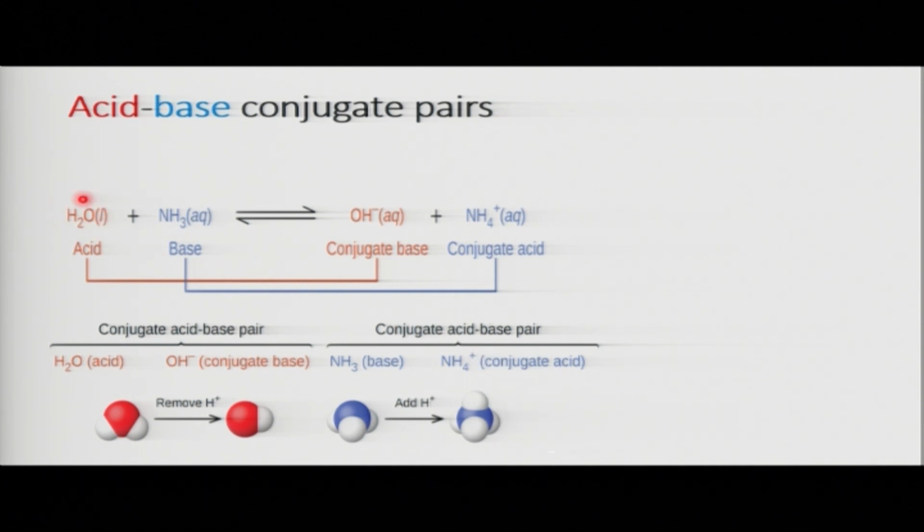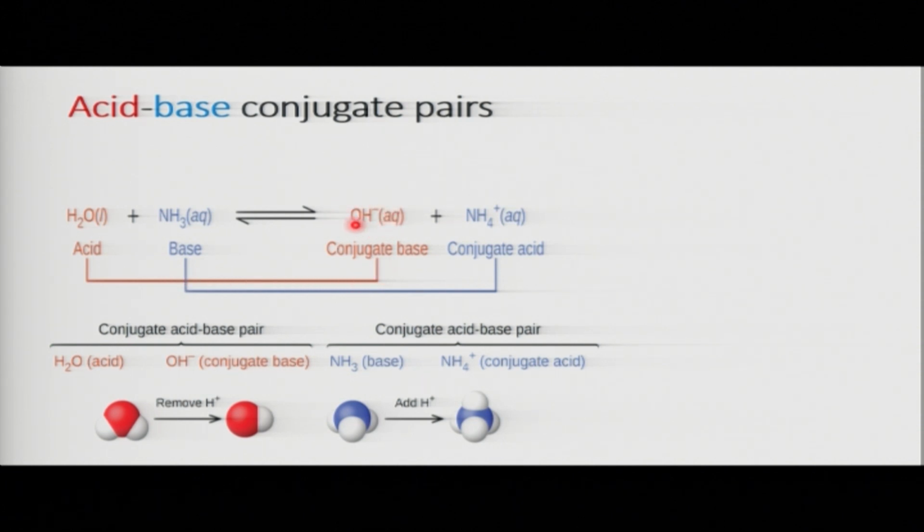Water is an acid in the presence of ammonia because it will donate a proton to ammonia, ammonia accepting a proton or a hydrogen ion, and it forms ammonium ion. When water loses a proton, it forms OH-. This OH- can take back a proton from ammonium ion to form water again. So in this case, we have water as the acid with its conjugate base OH-.